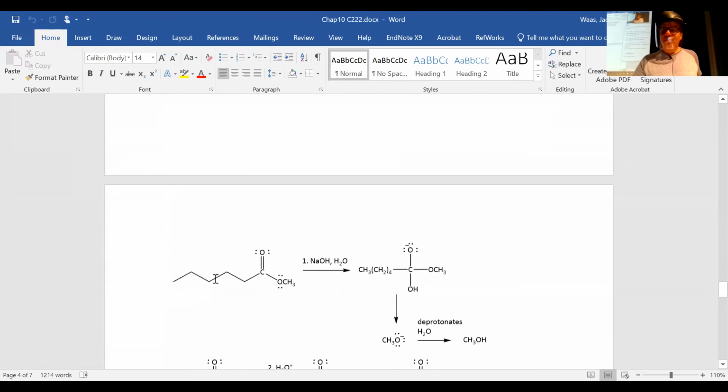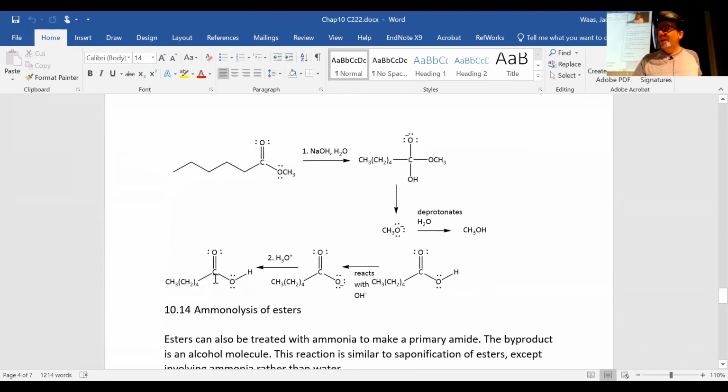That's something I've noticed is pretty generally the case. When you're comparing a process that can happen in either acidic or alkaline solution, the one in alkaline solution seems to be simpler. There's fewer steps. That's something I seem to have noticed over the years anyway.